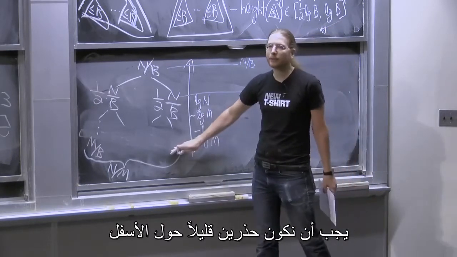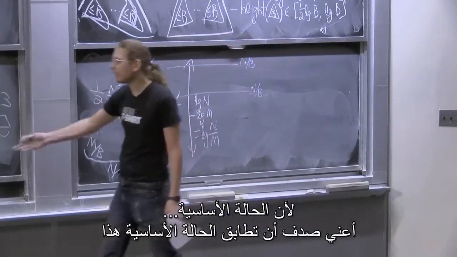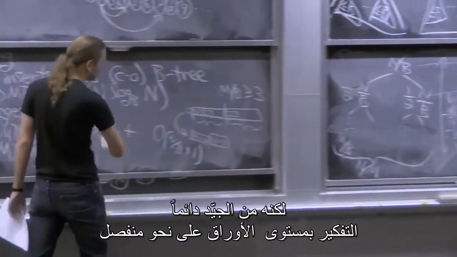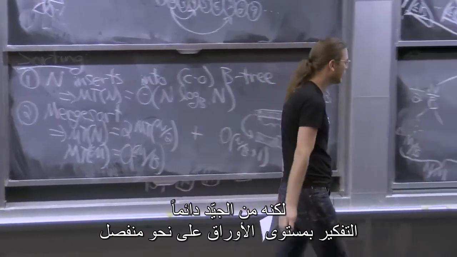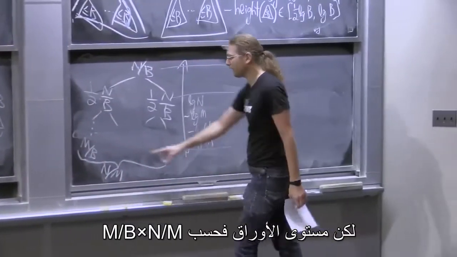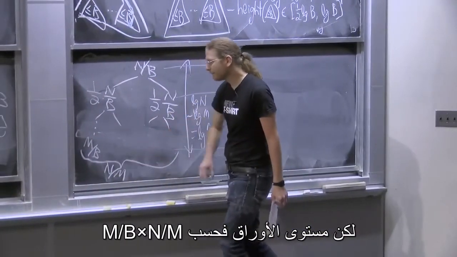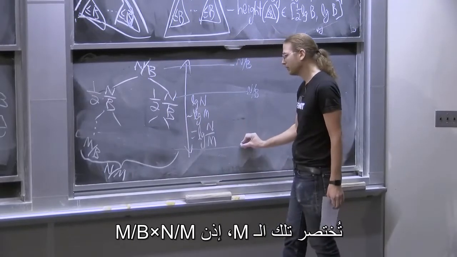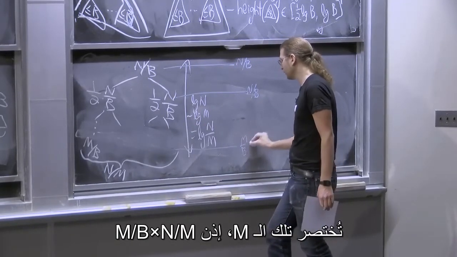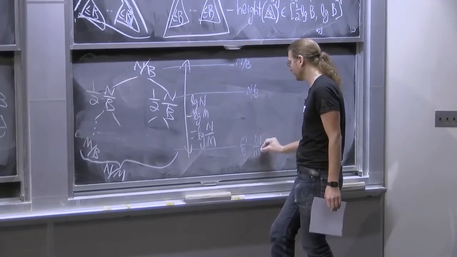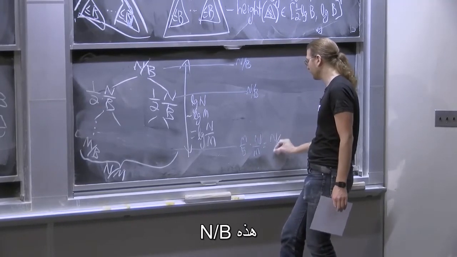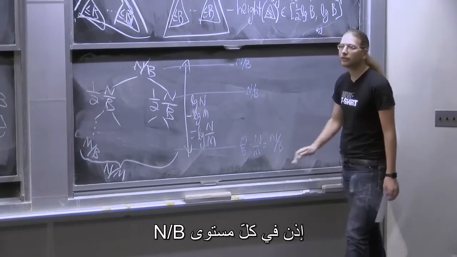We should be a little careful about the bottom, because the base case happens to match this, but it's always good practice to think about the leaf level separately. The leaf level is just m over b times n over m. The m's cancel. This is n over b. So every level is n over b.